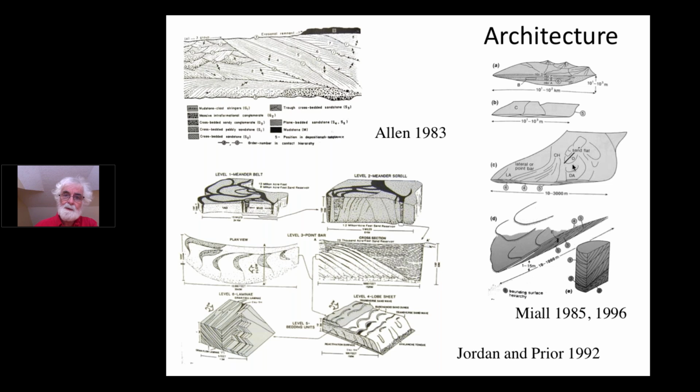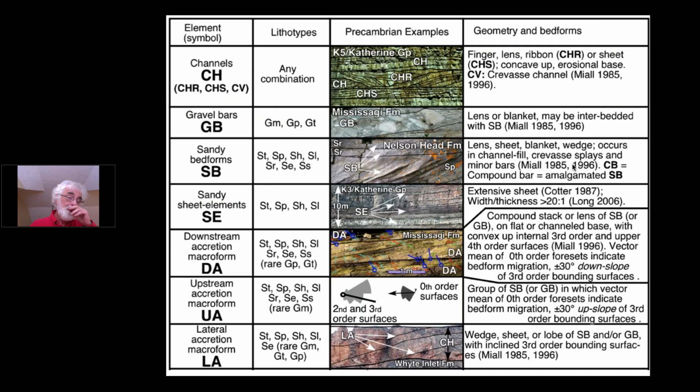The basic concepts which were initiated by Allen's work on the Devonian and expanded by Miall and Jordan and Pryor give us a way of breaking down our stratigraphic sequences into various scales, which we refer to as architectural elements. And when we start looking at Precambrian systems, we can recognize quite a lot of these.